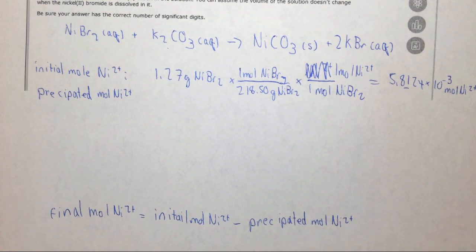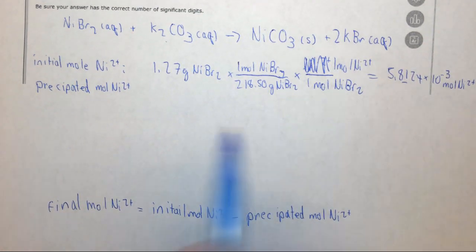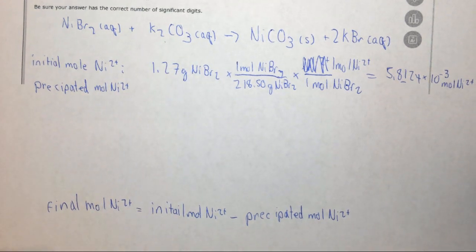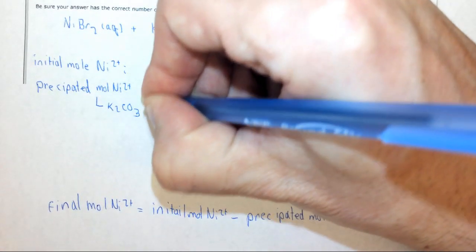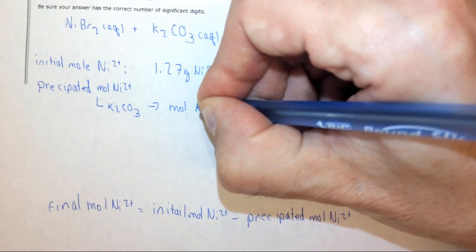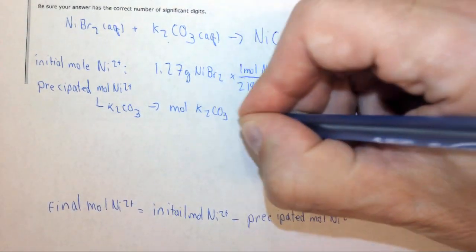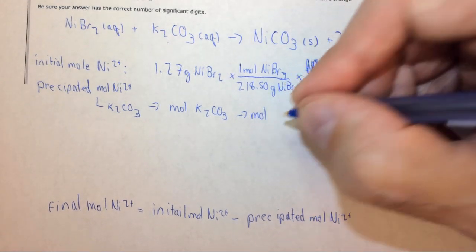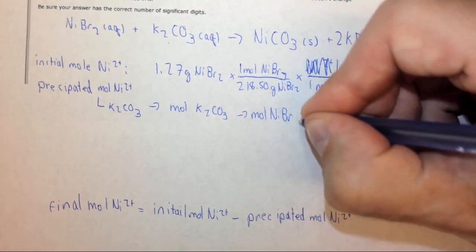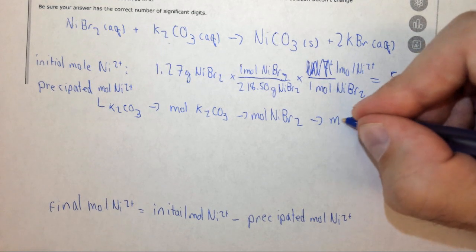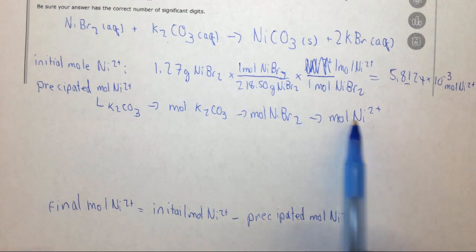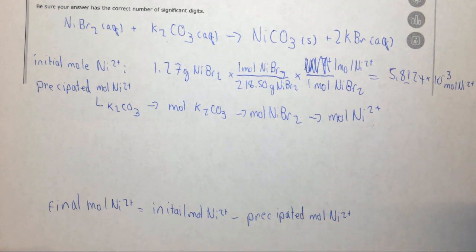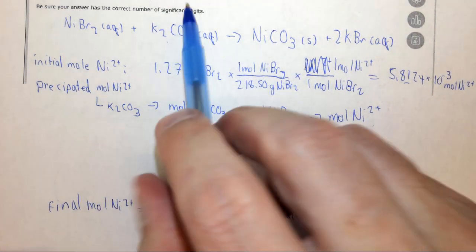So this is how we're going to find the final moles. Well, to figure out how much precipitated, we need to use our K2CO3, our potassium carbonate solution. So we're going to go from liters of potassium carbonate to moles of potassium carbonate to moles of NiBr2, and then to moles of Ni2+, because these are going to be equal because there's 1 mole of nickel 2+ for every mole of NiBr2.